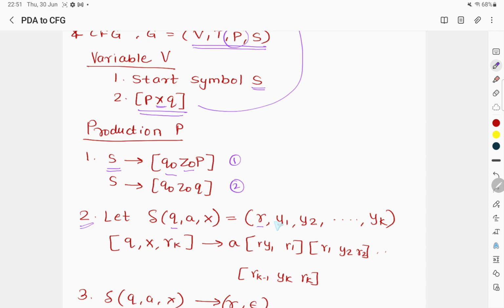On R it can push Y1 to YK on the stack top. How do I replace this particular transition with a production rule? Here you can see this particular line shows us the production rule. This entirely is a production rule.